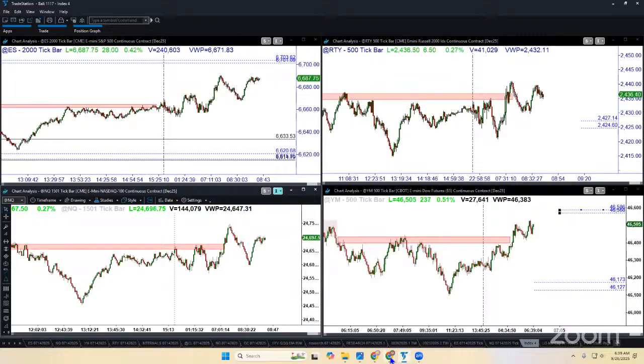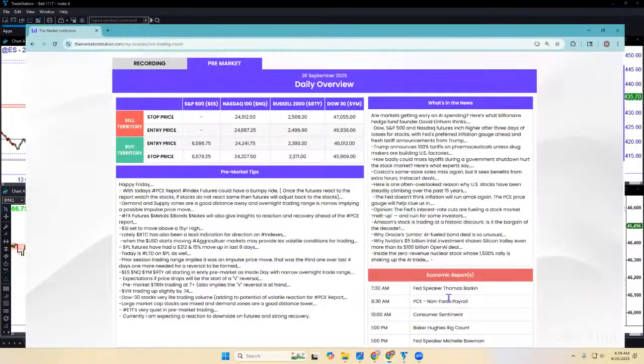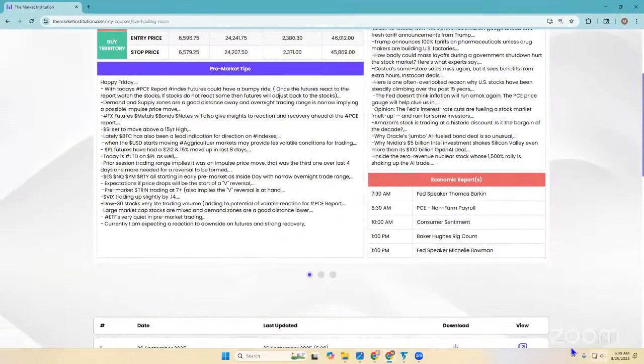We do have more. Let's see, the next thing, we're 20 minutes away from consumer sentiment, Baker Hughes, and then we have another Fed chairman coming out a little bit later.